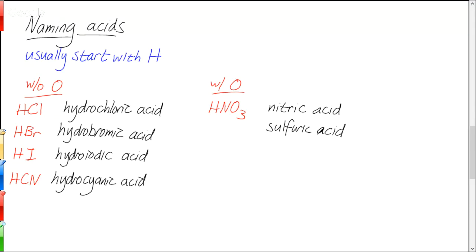The fact that it doesn't say hydro at the beginning tells us that it's one of these oxygen-containing ones. And the ion from sulfur that has oxygen in it is sulfate, right? So we know that this thing is going to be based on sulfate. So sulfate is SO4 with a charge of -2.